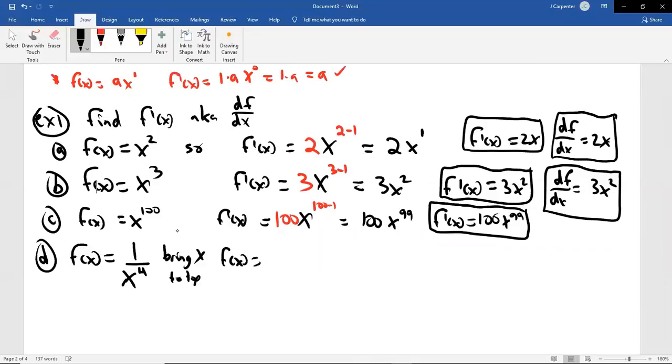So our function is now going to be 1 times, I'm leaving the 1 in the top, x to the, what happens when you move a variable from top to bottom or vice versa? Its exponent sign changes. So that's now a -4. So f of x is just equal to x to the -4. I don't need to write that 1 in the front.